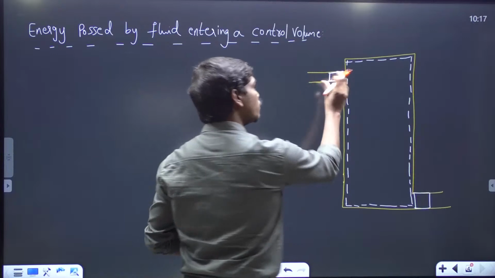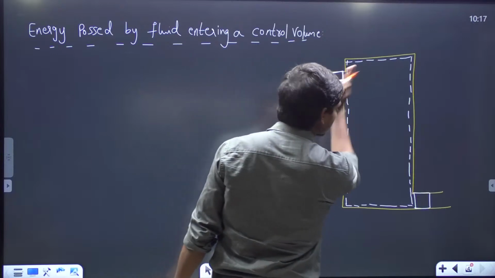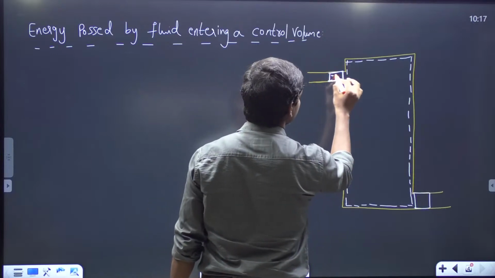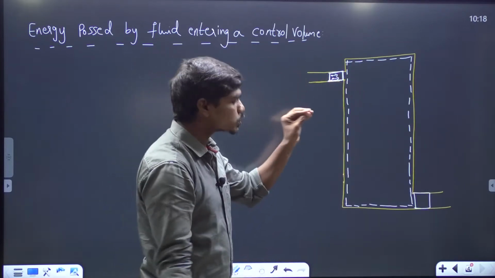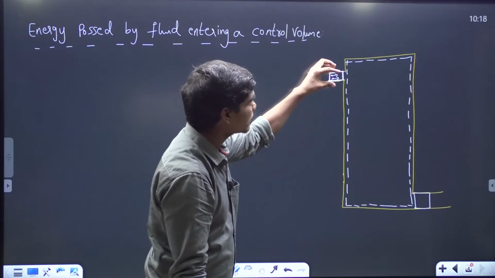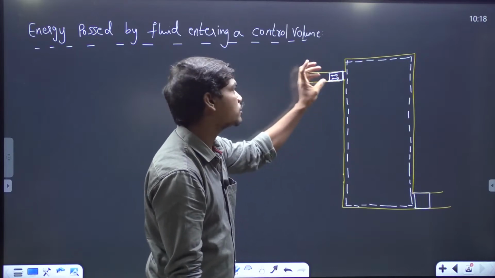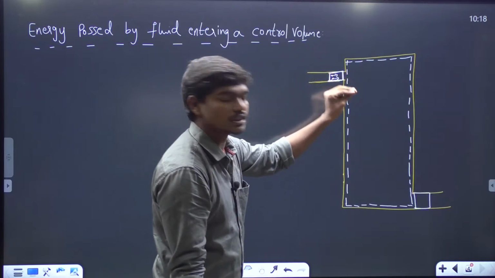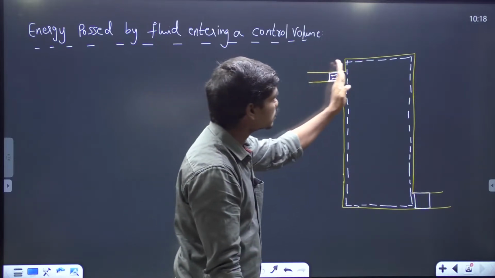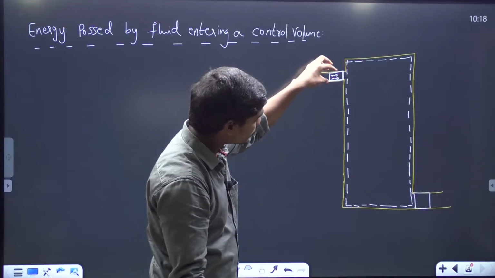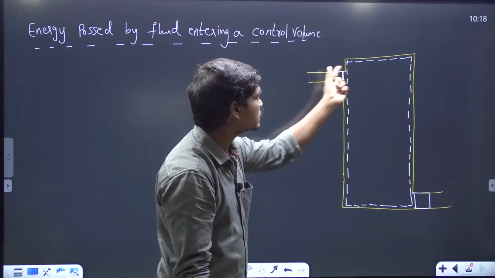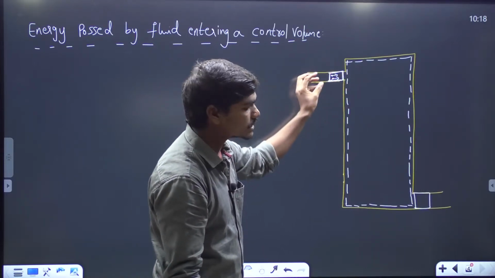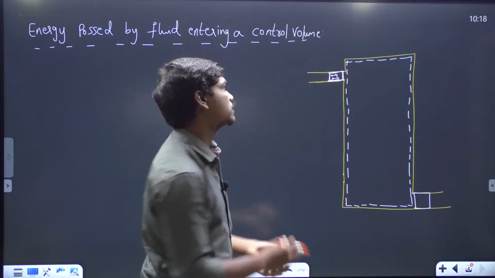So see, suppose this fluid block is assumed to go inside, then every point on this block should move in this particular direction. Correct? So which means there is some macroscopic kinetic energy for the molecules of the fluid that is trying to enter the system. Because if this fluid block has to move inside, and you are treating it as a solid for the analysis, then every particle has its direction fixed in a particular direction.